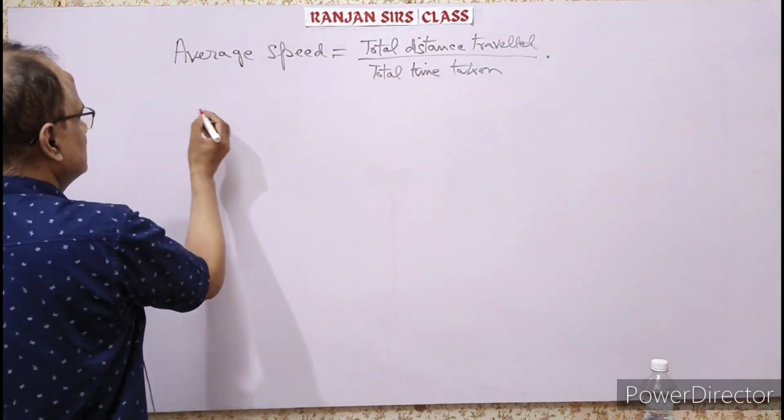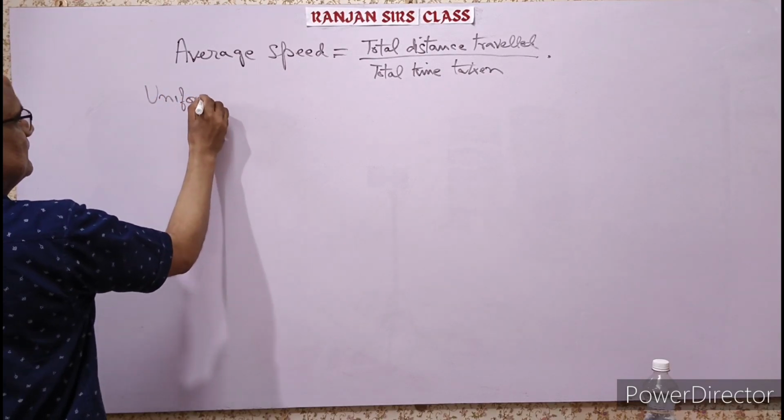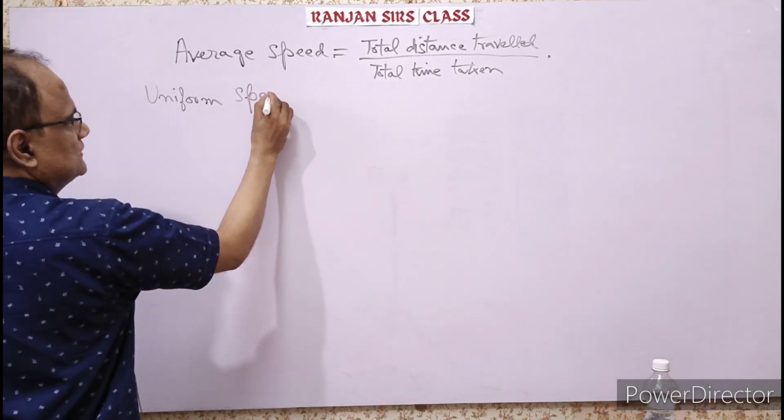Then next what we will come to is uniform speed. What is uniform speed? If a body is traveling with a uniform speed, what does that mean?